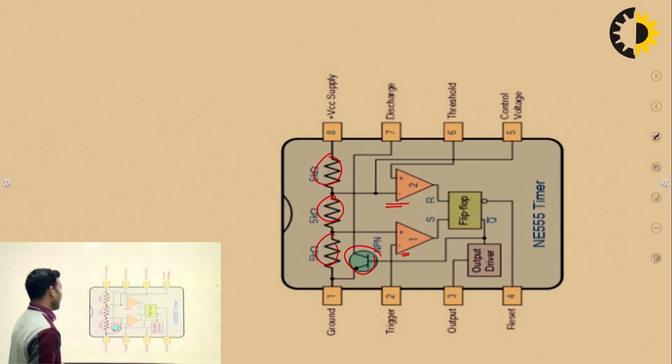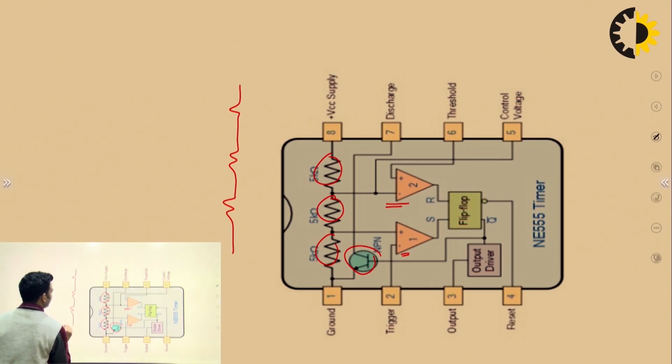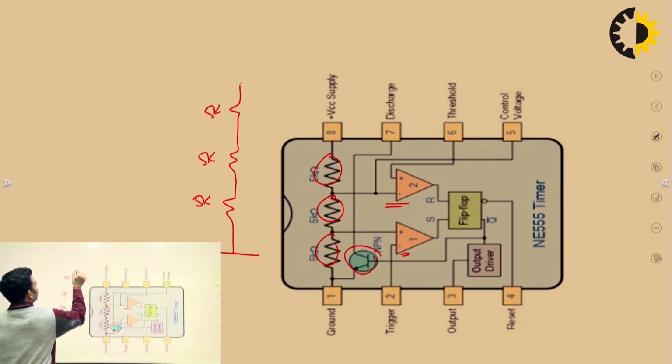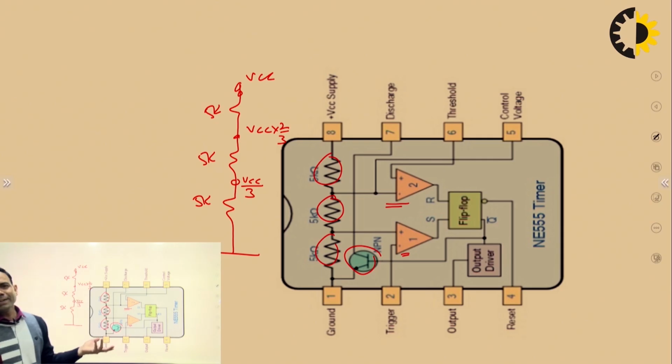So see, at this point these are 5K, 5K, 5K, connected to VCC. The voltages at these points will be VCC by 3 and VCC into 2 by 3, which I have simply found by the voltage divider rule.